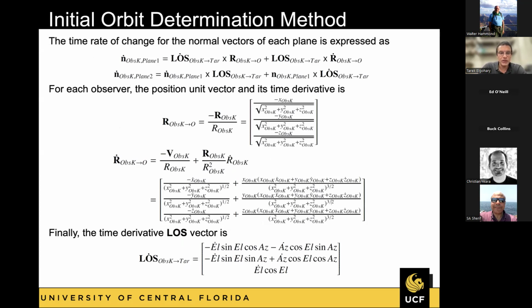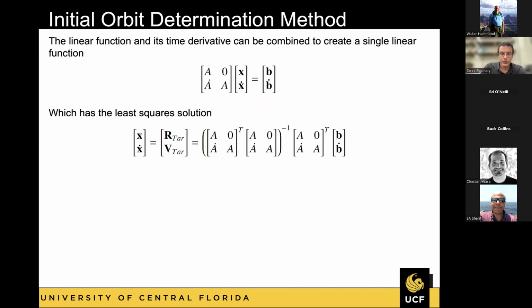Okay, so this shows how we get, and I'm not going to go deep into the math, how we essentially come up with the various normal planes and their derivatives. Essentially it all comes down to the angular rates and the angles coming from the observer. So it's an angular problem, and the angular rates we can do an interpolation because you get those as streaks, if you will.